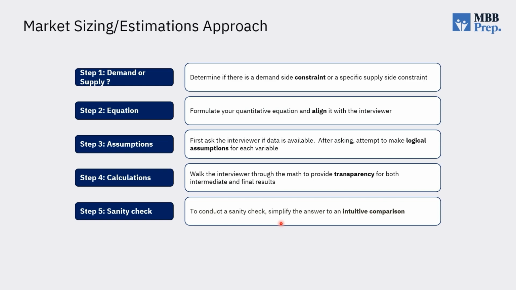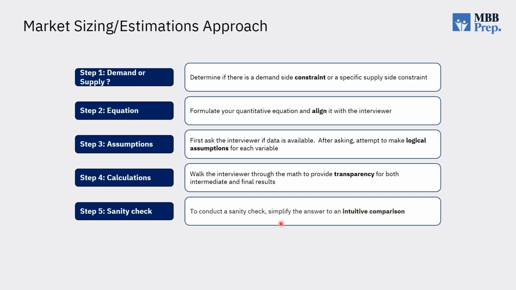Now you can do a sanity check by dividing 3 billion by the US population. 3 billion by 300 million gives you an approximation that each US resident is buying 10 physical books per year.